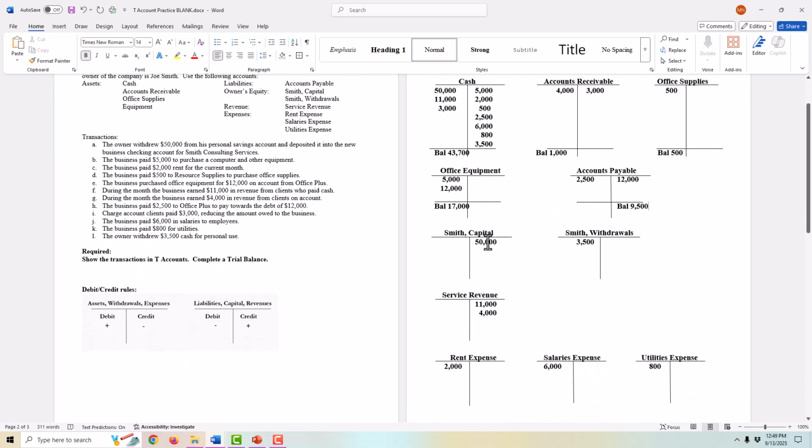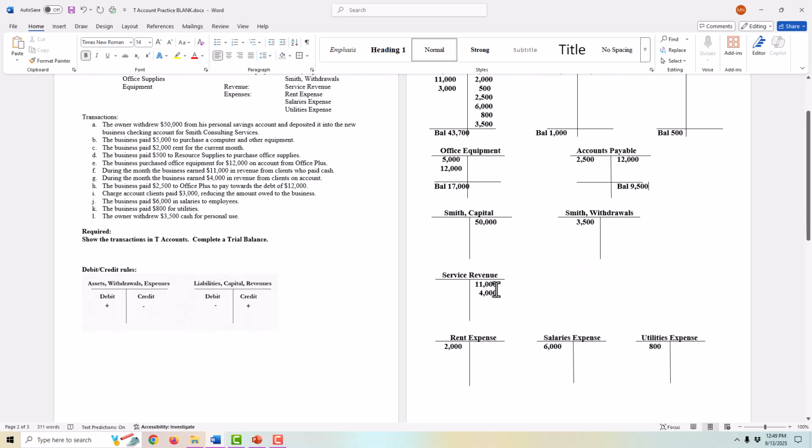For capital, you've just got a $50,000 credit balance. Withdrawals just has a $3,500 debit balance. For revenue, you're adding the $11,000 and $4,000 together to get a credit balance of $15,000. And then these expenses down at the bottom just have one number, so that would be your balance.